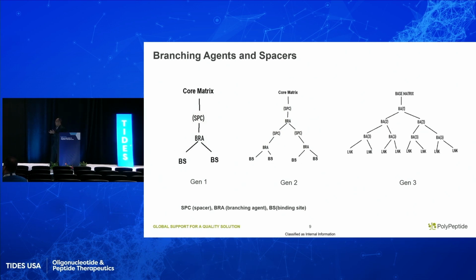Go one more generation, and you expand it 4 times. Generation 3, 8 times. So the binding site has been amplified multiple times. On top of this binding site, you attach the linker, such as FMOC ring or FMOC ramage, where the first amino acid attaches. So that is the general picture.